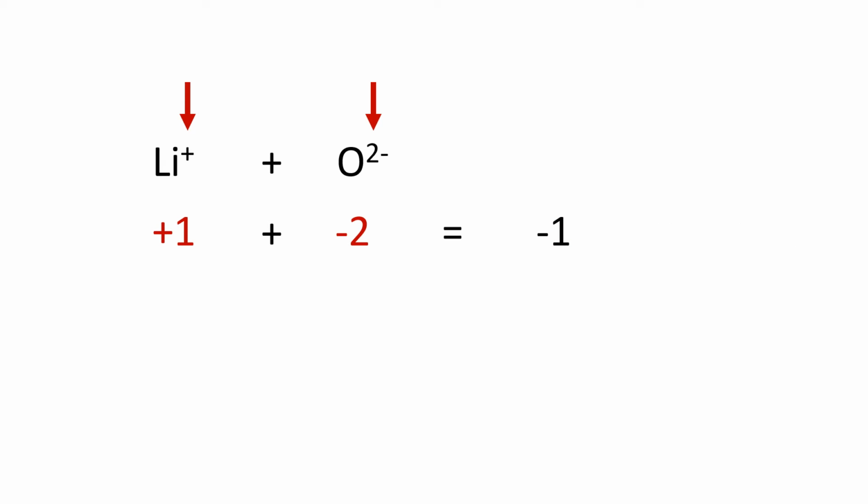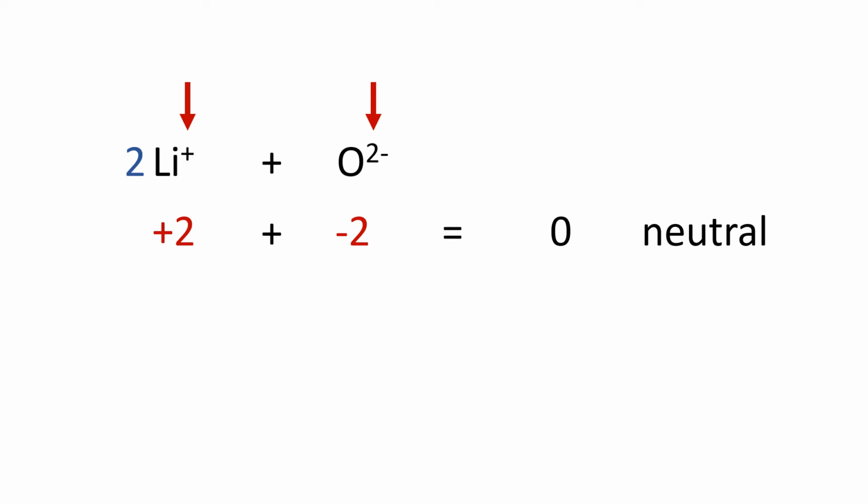Now, what do we need to do here? Well, we need to increase the number of our positive charges. And we can easily do this by doubling the number of lithium ions. And their contribution would then be a +2. Now, if we add the charges, the +2 from our 2 lithium ions and the -2 from our 1 oxide, we get 0. And we would have a neutrally charged equation, one that equals 0 when we do the math.